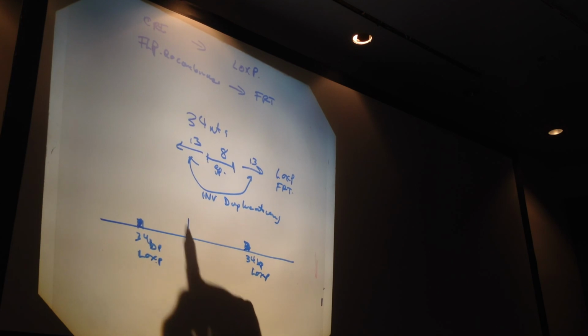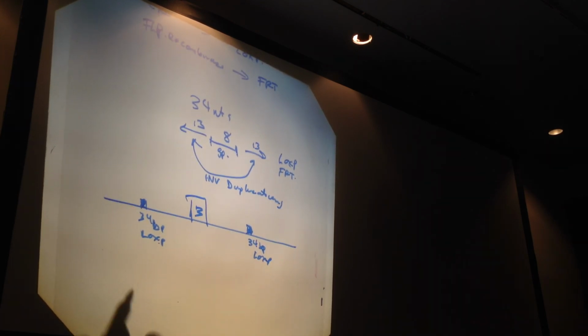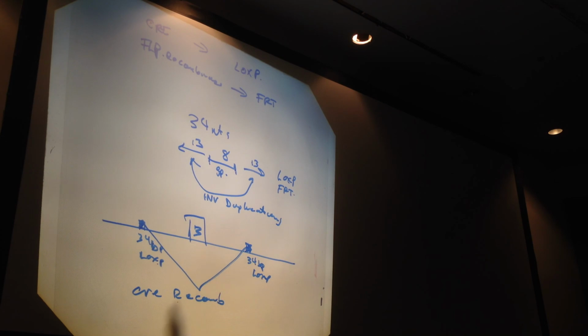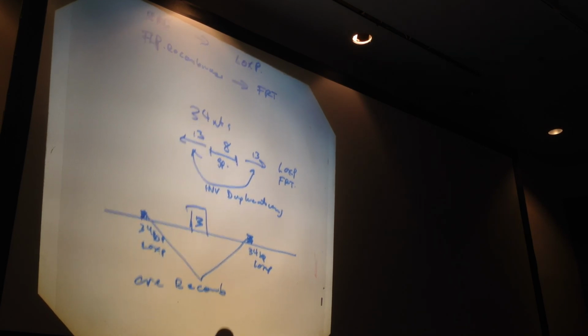let's say between an exon that I'm interested in getting rid of, let's say exon 3 of a particular gene, and now I overexpress Cre recombinase, I can now delete out everything between those LOXP sites. So a very specific example I will give you is the following.